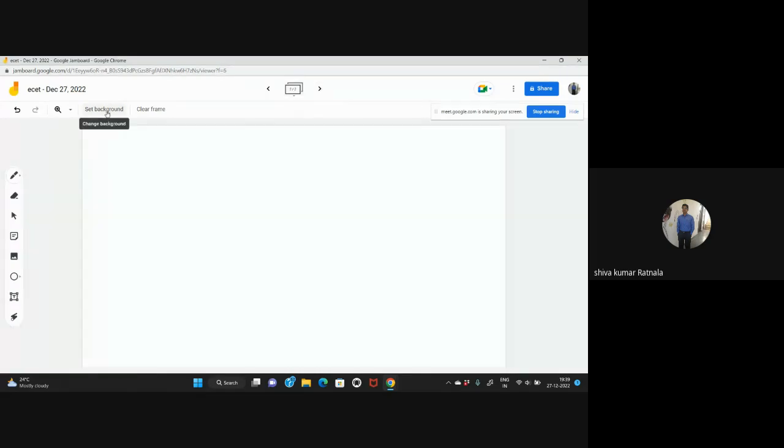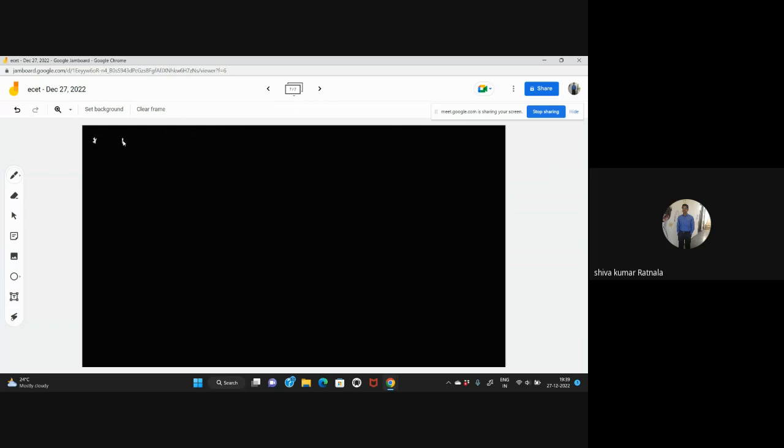Okay, next point. Whenever an electron revolves in the same cell, the electron neither loses energy nor gains energy.